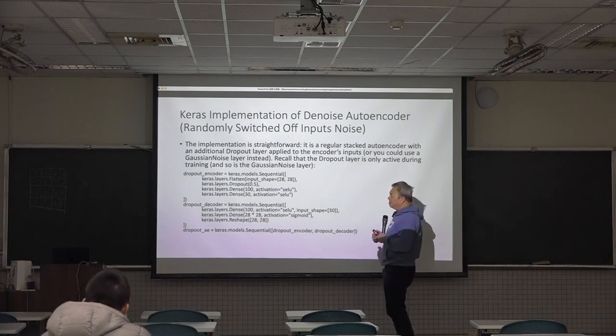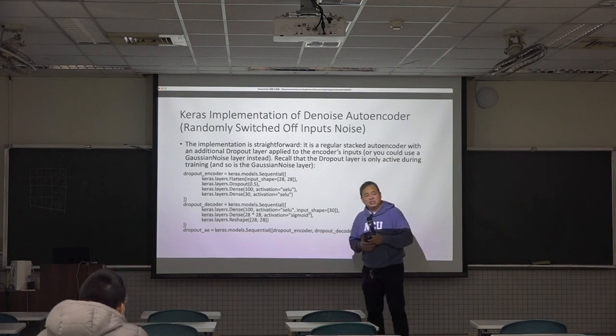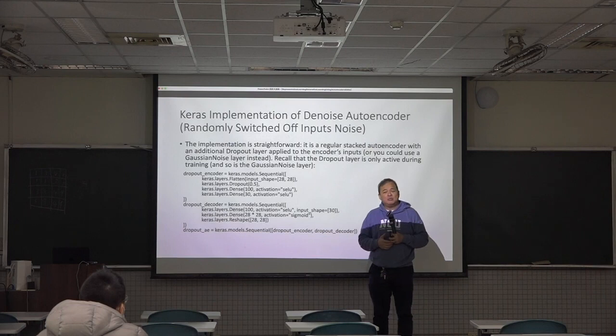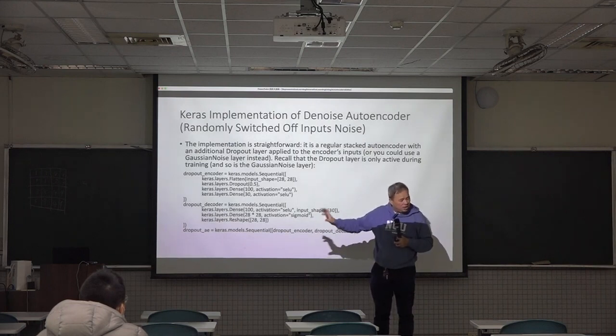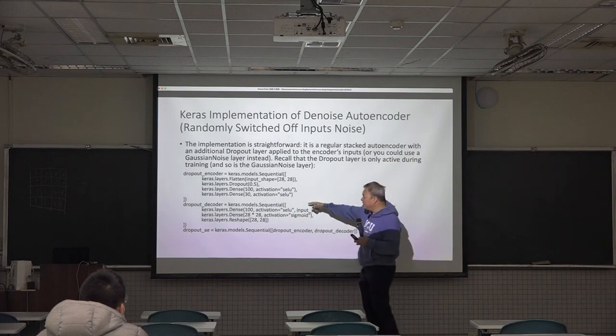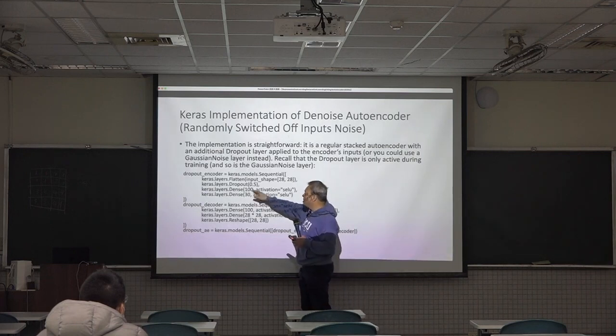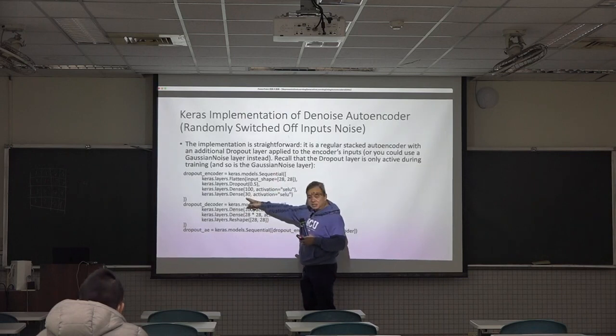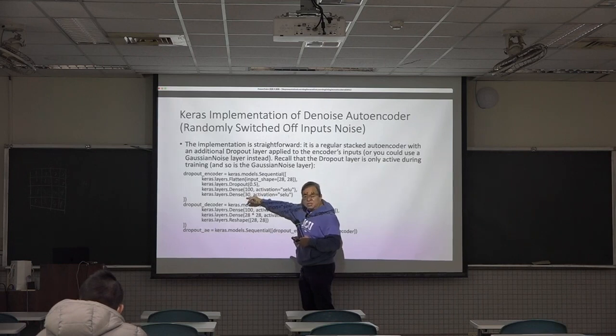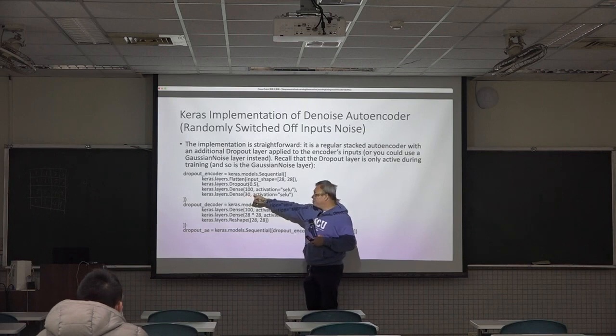Even though I said a denoising autoencoder doesn't need to be undercomplete, this example happened to be an undercomplete autoencoder, because the coding layer dimension is much lower than the 28 by 28, right? But this doesn't have to be 30. If you want this to work even better, you can change this value to maybe 700 something, just like the input size.